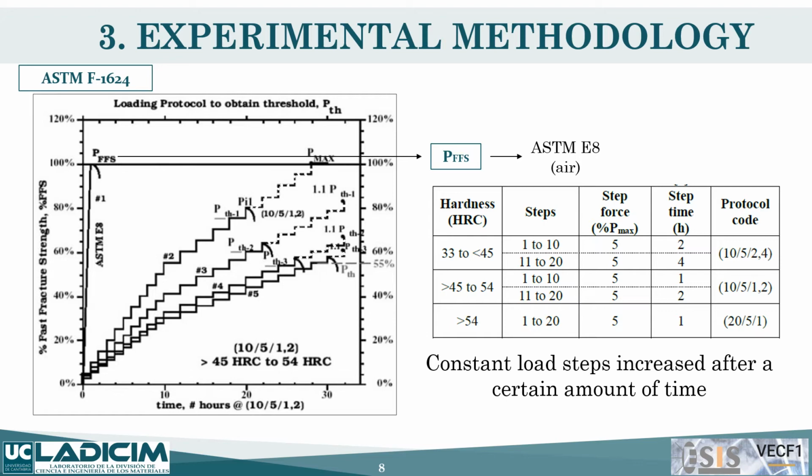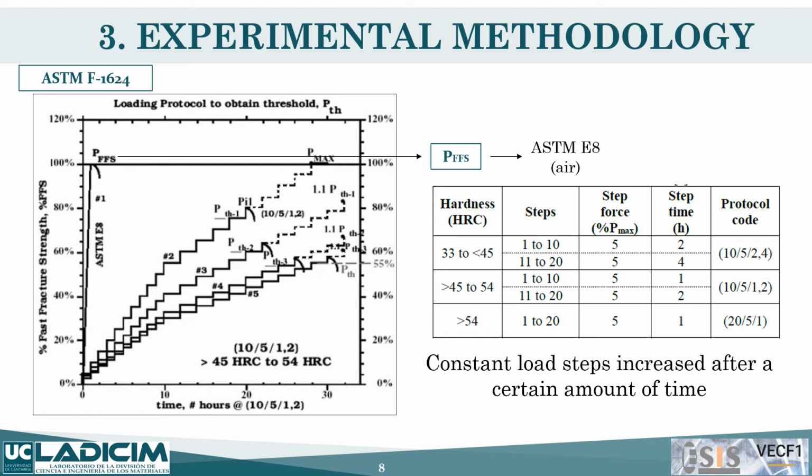If the hardness is between 45 and 54 Rockwell C, the step duration will be 1 hour for the first 10 steps and 2 hours for the rest. And if the material is very hard, so harder than 54 Rockwell C, the 20 steps of 5% of that maximum load will each be of 1 hour.